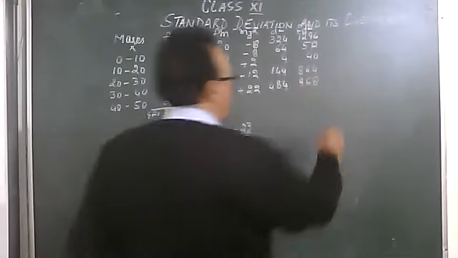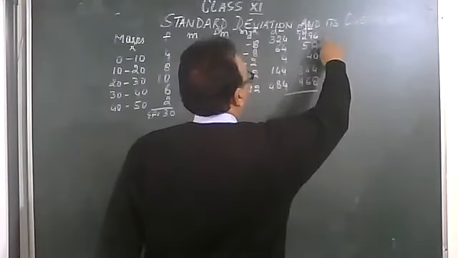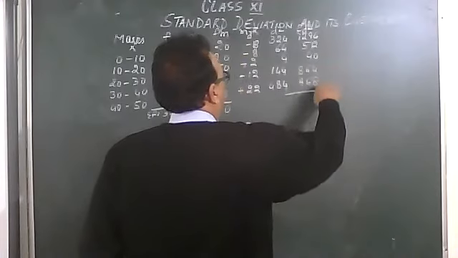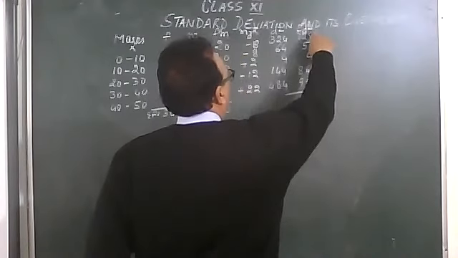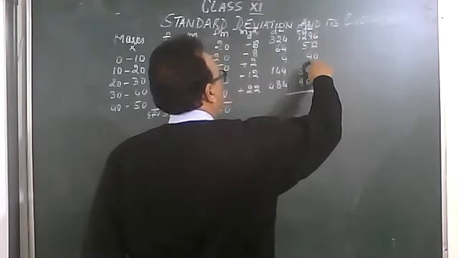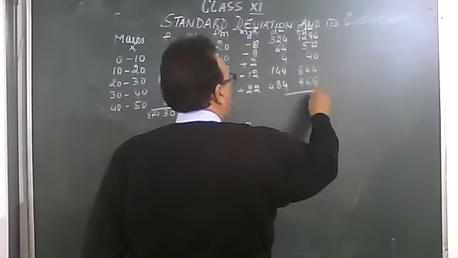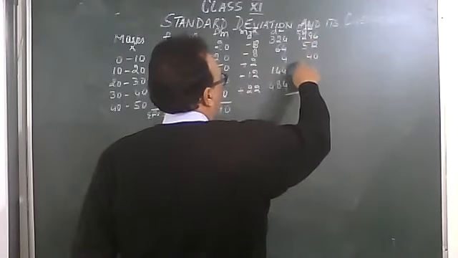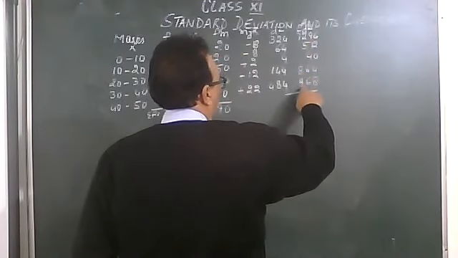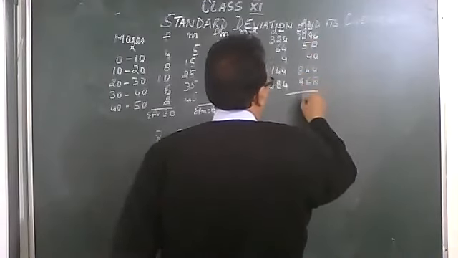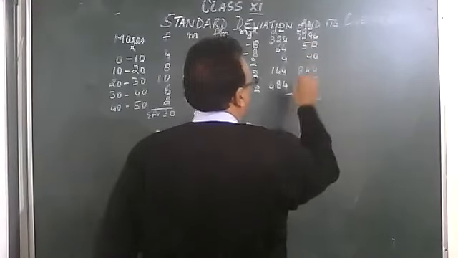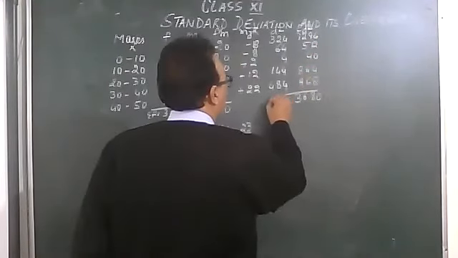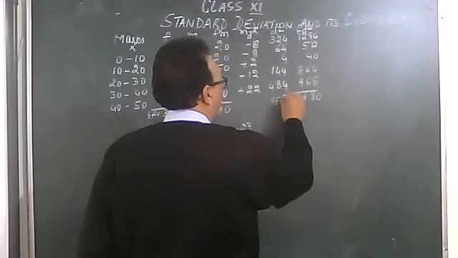Adding them up, we get 3680, sigma f d square.